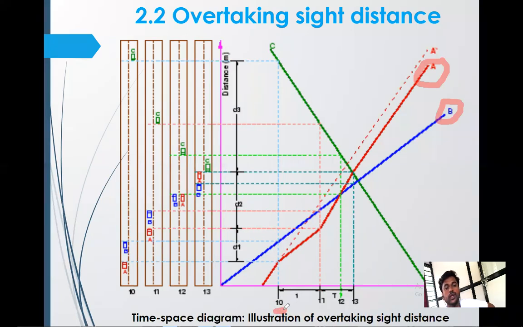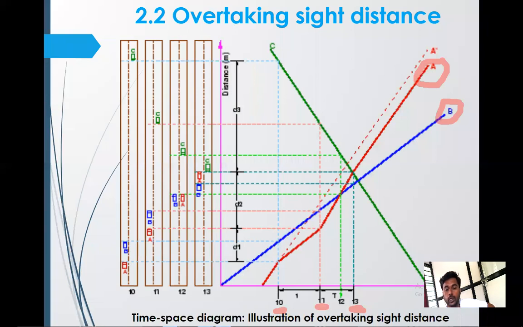At this time, vehicle A decides I will go for the overtake. He starts overtaking vehicle B at time t1. At time t3, he completely overtakes vehicle B.